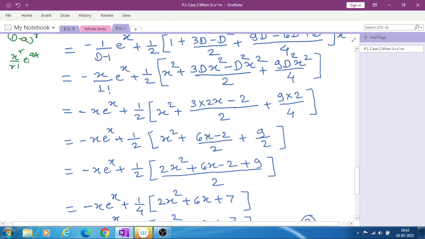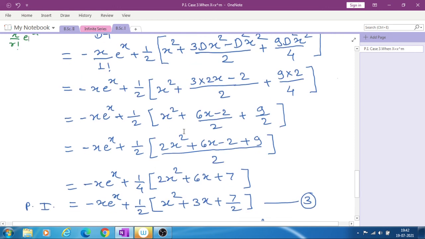Simplifying: this is 3 into 2x, minus 2, so here it becomes (6x minus 2) divided by 2, plus, dividing 4 by 2, we get 2, so 9 by 2.